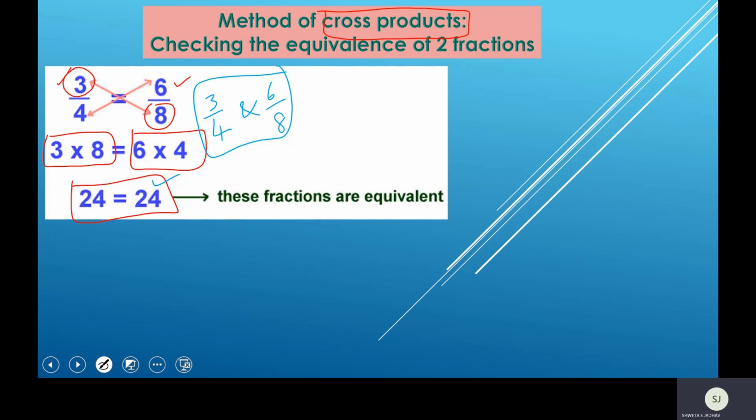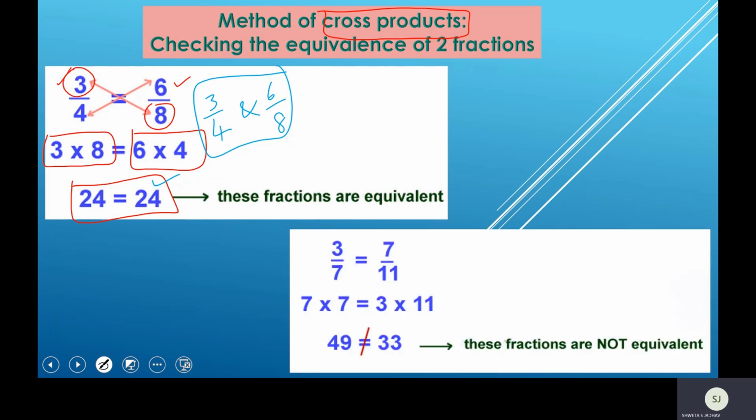Now in case we have some other fractional numbers, let's take 3 by 7 and 7 by 11. Let's see whether these two are equivalent or not. Again we use the same cross product method, where we multiply numerator with denominator and denominator with numerator.